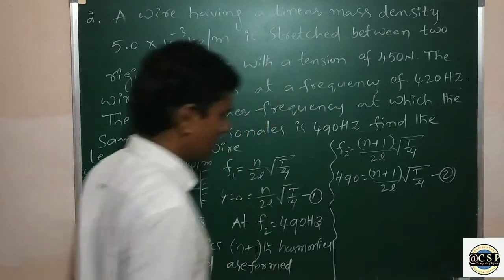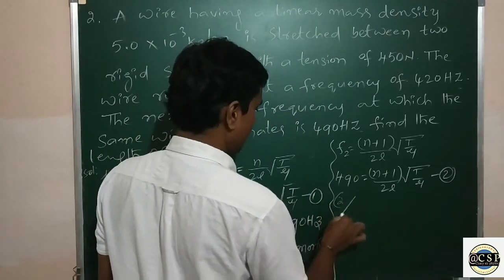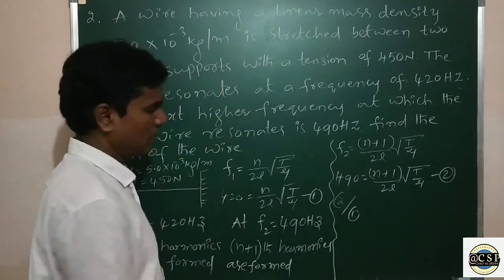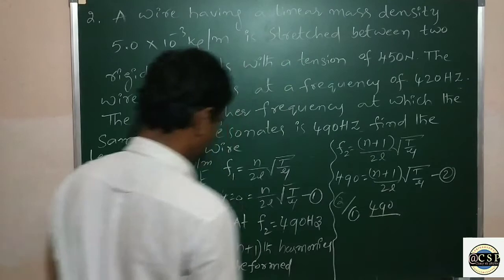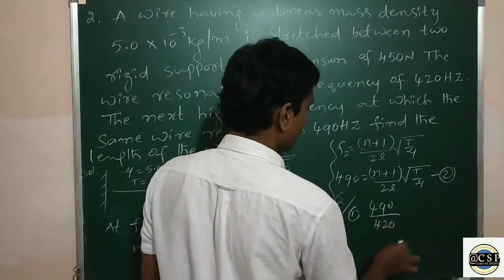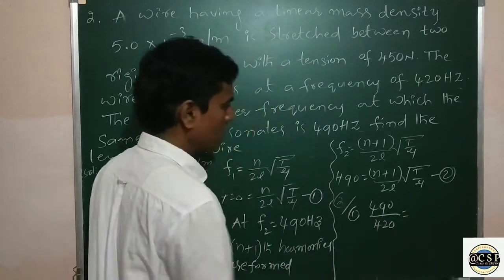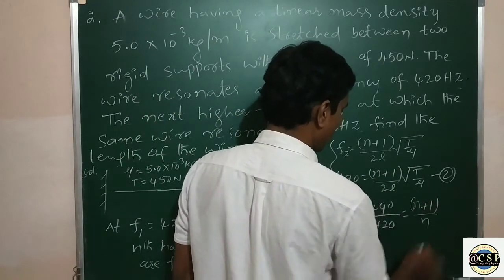This is the second equation. So equation 2 is divided by equation 1. We can do it like that: 490 divided by 420 is equal to (n+1) divided by n.